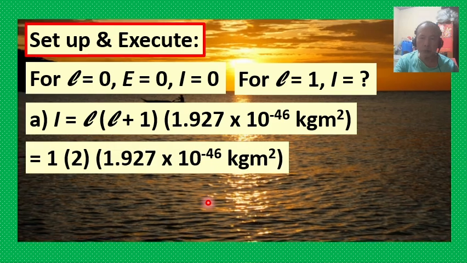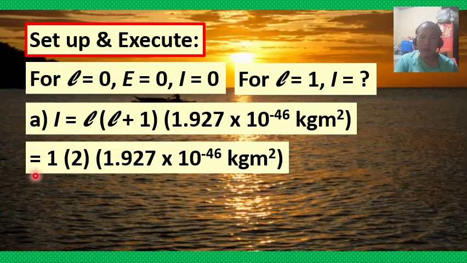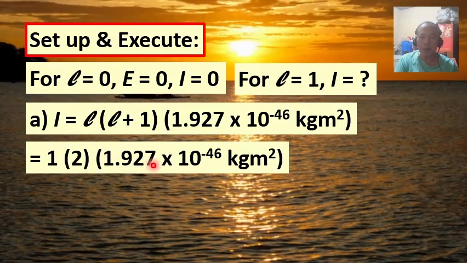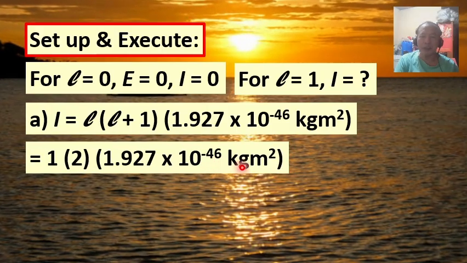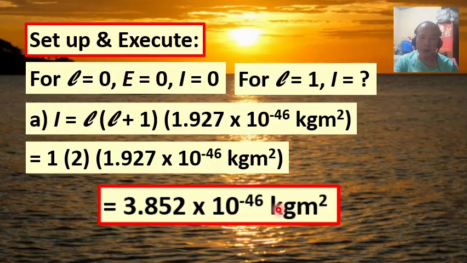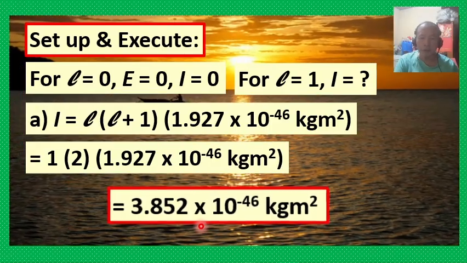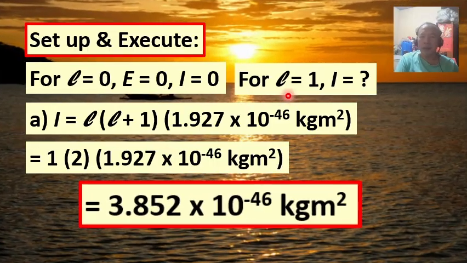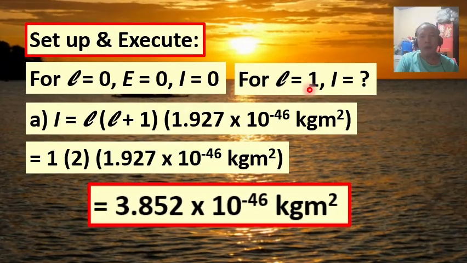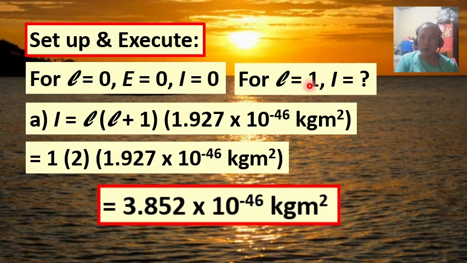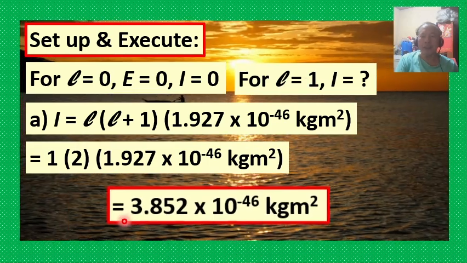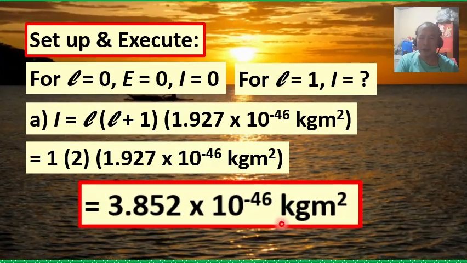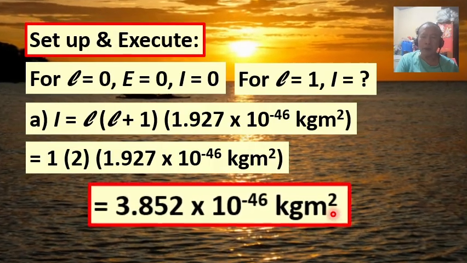That simplifies to capital I equals 1 times 2 times 1.927 times 10 raised to the negative 46 kilogram meter squared, which will result in the moment of inertia, when the angular quantum number small letter l is equal to 1, equal to 3.852 times 10 raised to the negative 46 kilogram meter squared, rounded to 4 significant figures.